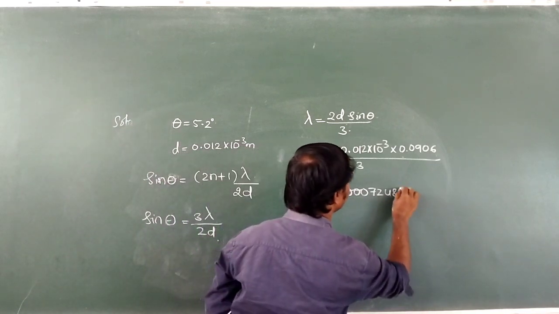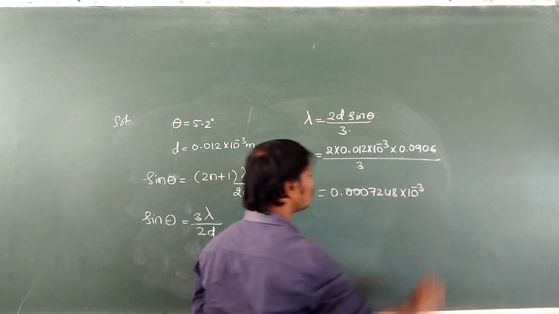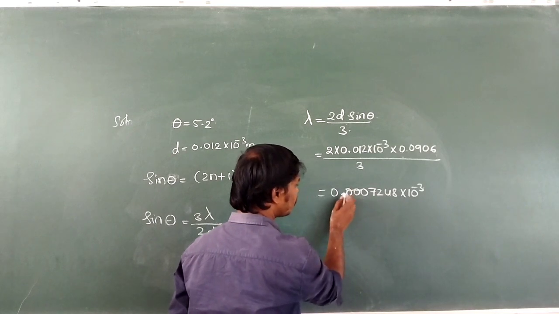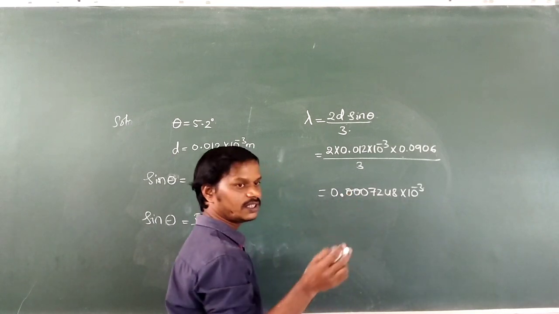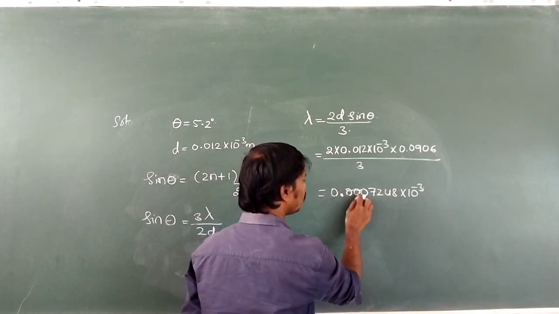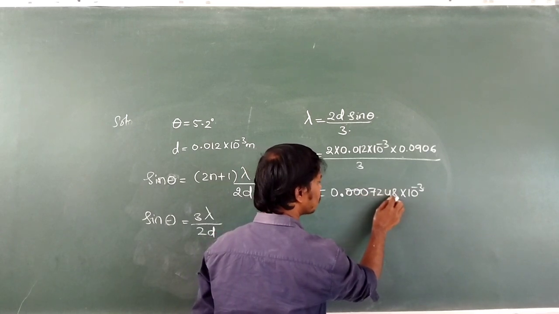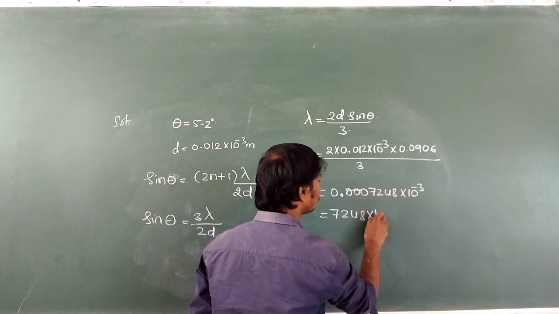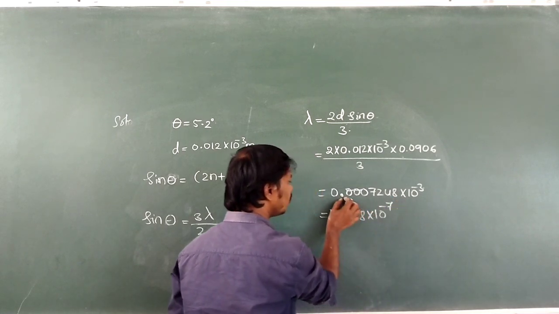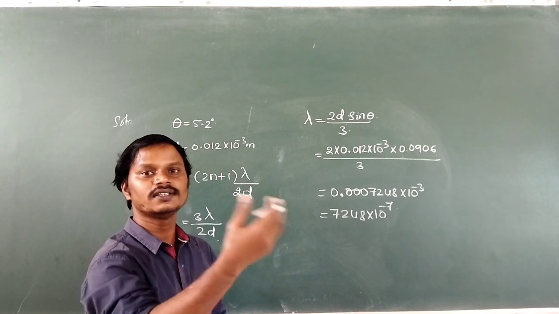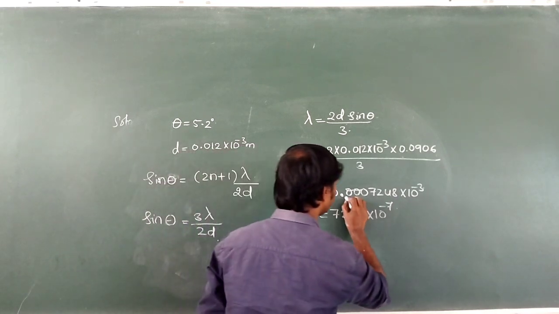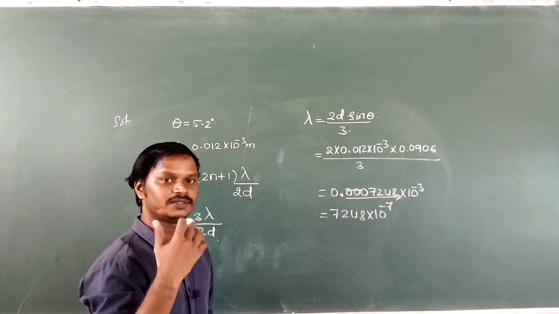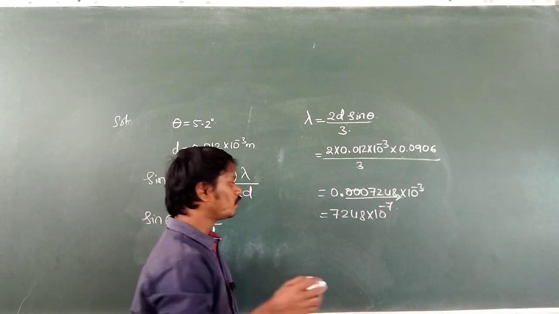0.0007248 into 10 to the power of minus 3. Then I will displace the decimal point after how many digits? 7 digits. 1, 2, 3, 4, 5, 6, 7. 7248 into 10 to the power of minus 7, because here the decimal point is displaced in the right direction, after 7 digits.